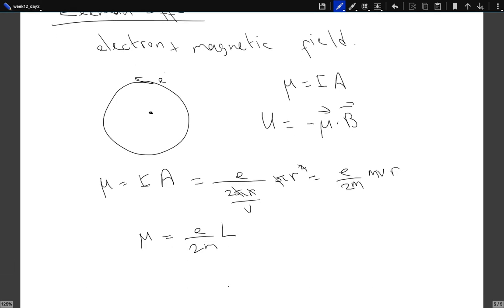Now let's see, what is the direction of the magnetic dipole moment of that loop? Do you remember? The right-hand rule: your fingers curl in the direction of the current, then your thumb points in the direction of the magnetic dipole moment.